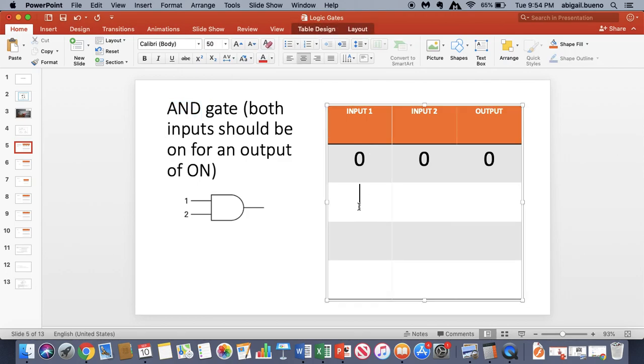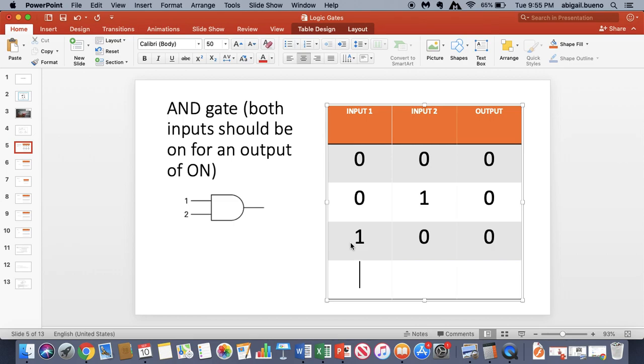What if our input 1 is 0, input 2 is 1? Our output will be 0 because the inputs are not both on. Same thing with input 1 being 1, input 2 being 0, output will be 0.